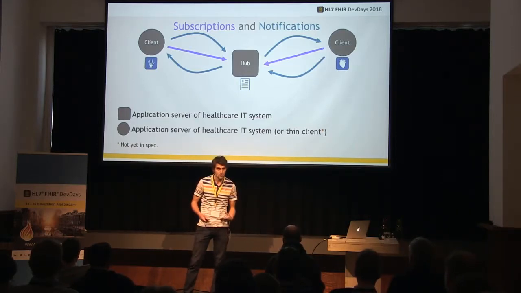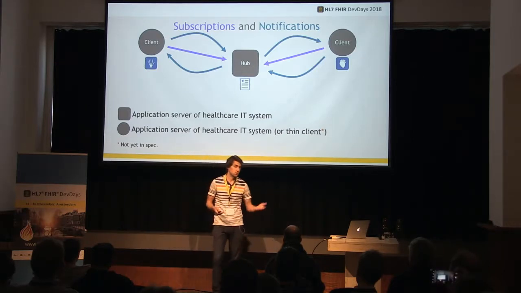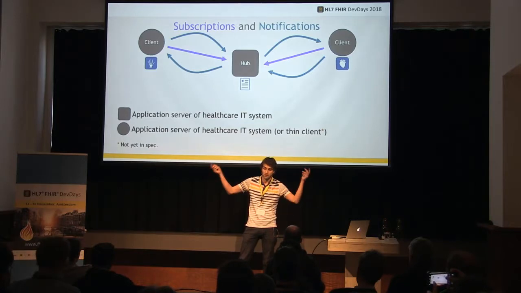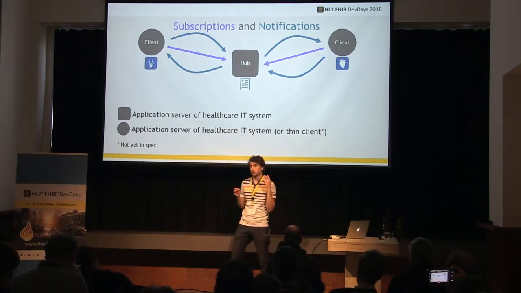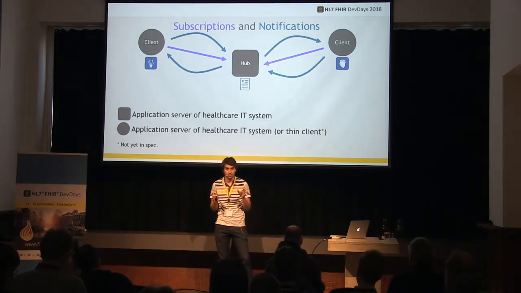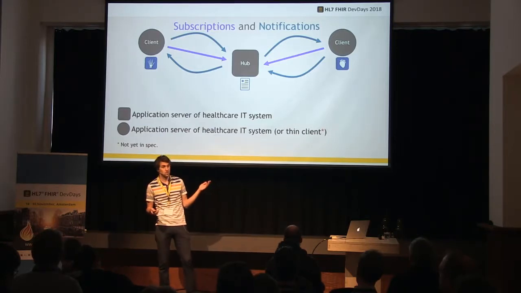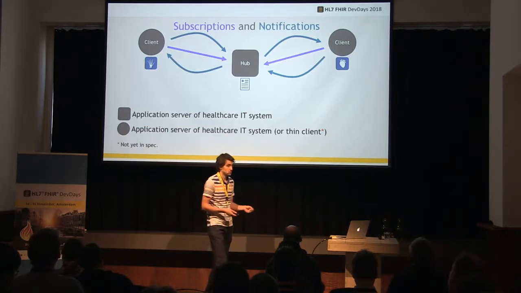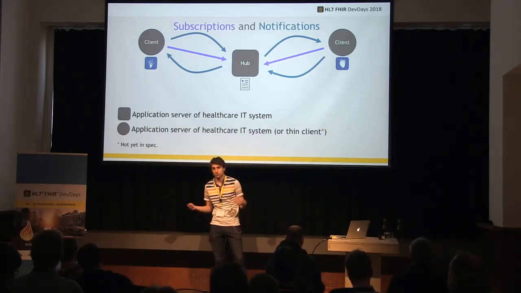It doesn't necessarily have to be that, but that's probably the simplest way of seeing it and also implementing it. So think of this as perhaps an EHR. In this example, we have an EHR and two clients. There could be more clients or one client, but the clients are a little thinner, a little bit lighter. They could also be application servers, so in this case maybe an application server for a PACS and one for some cardiology system. So they're communicating with each other server-wise.